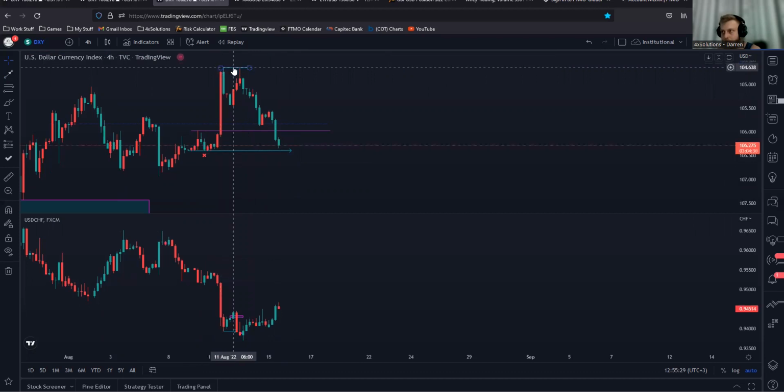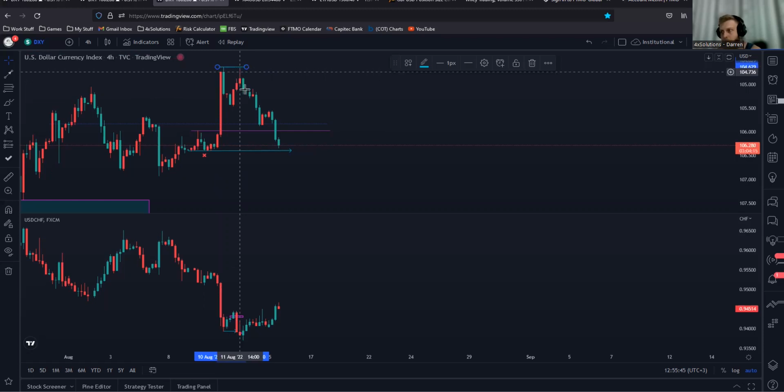Now I don't care about perfect equal highs or the same price level, it's relative equal highs, whether it's 5 pips away, 10 pips away.